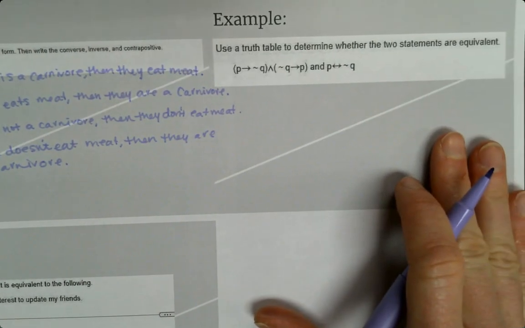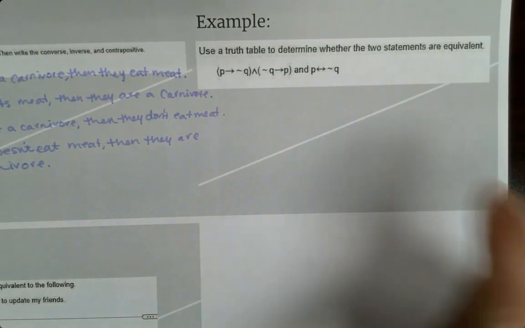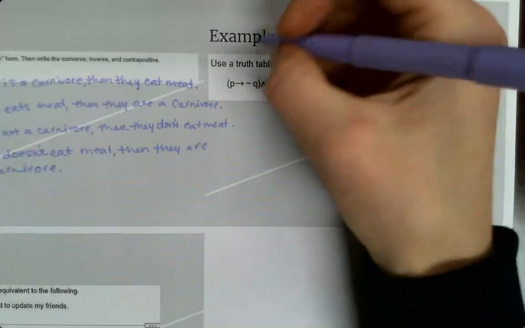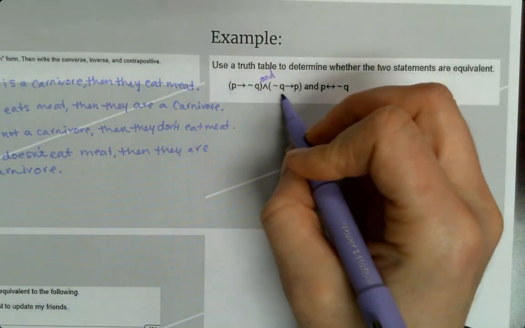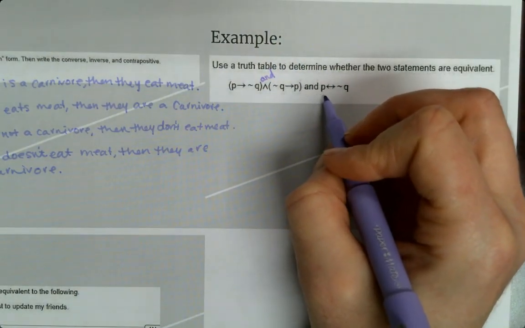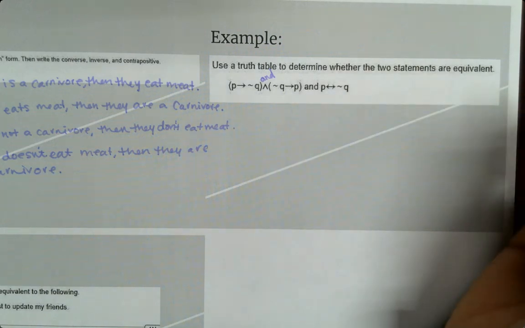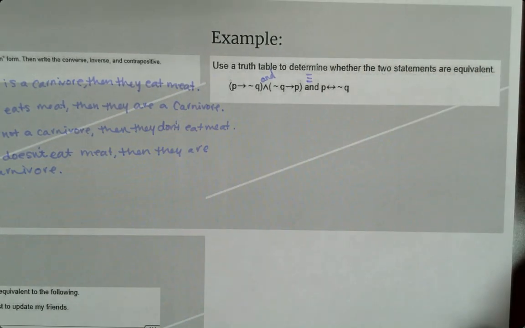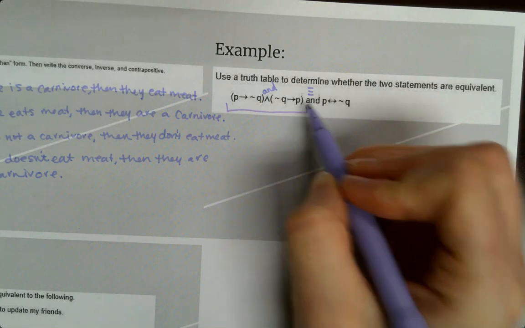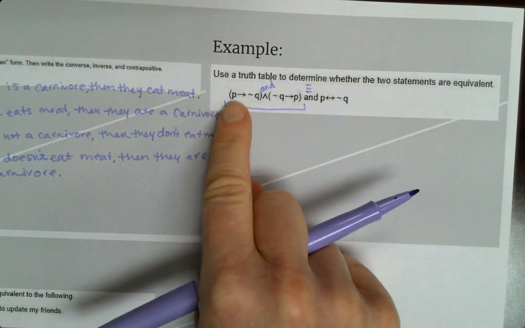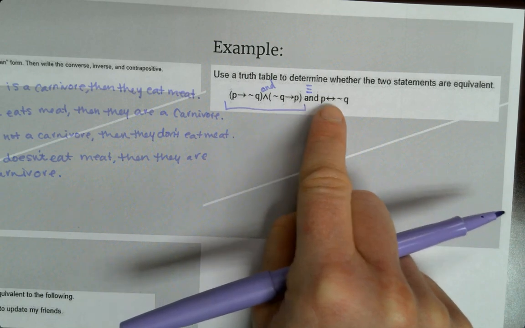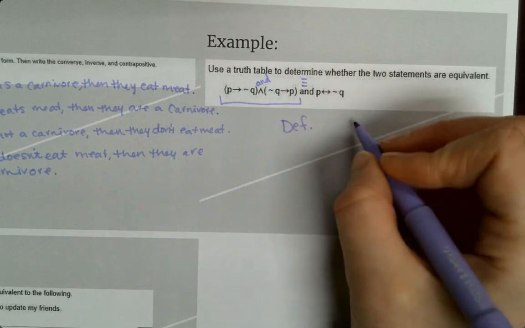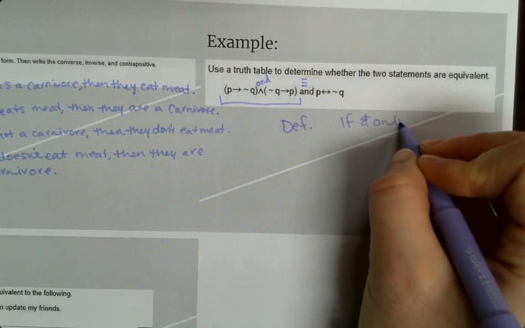All right, let's look at the next one. Use a truth table to determine whether the two statements are equivalent: P then not Q, and not Q then P, and P if and only if not Q. So we're determining whether these are equivalent with those three lines. These are just flipped, and this is an if and only if statement. Remember when we did the definition of if and only if?